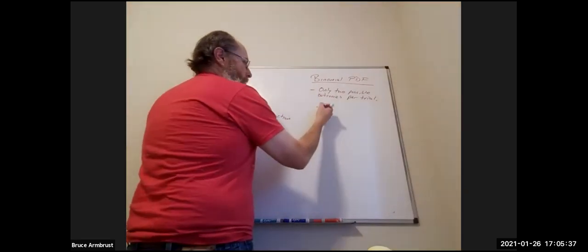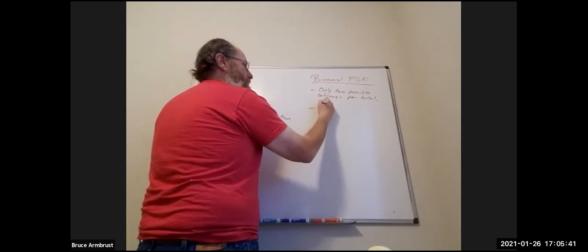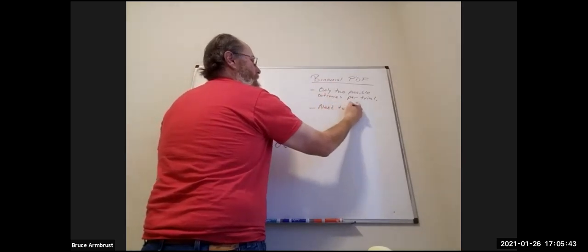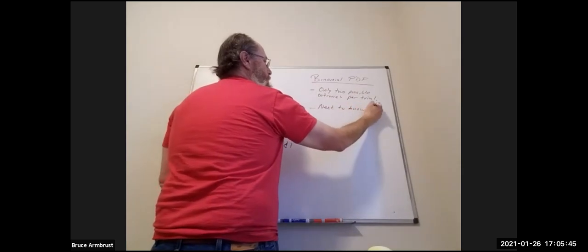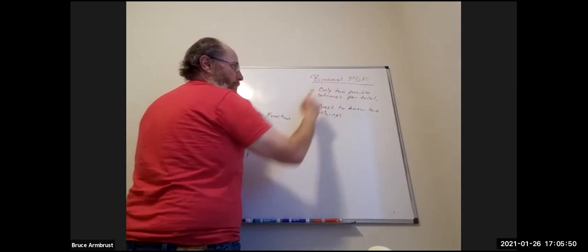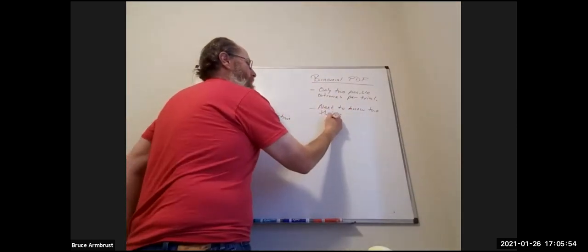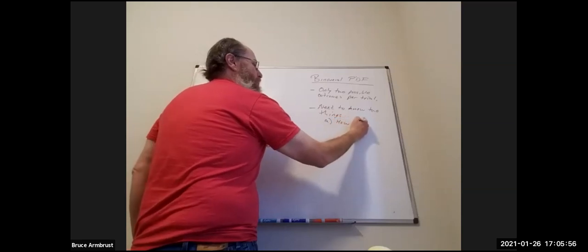What we need to know when we're doing a binomial PDF is two things. If you're going to set one of these up, you need to know two things. The first is how many trials.